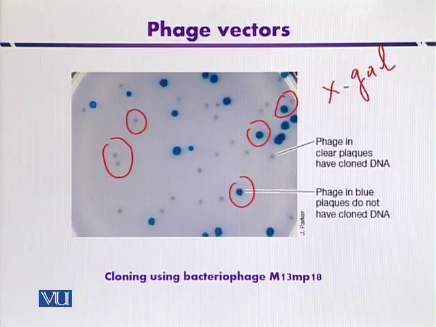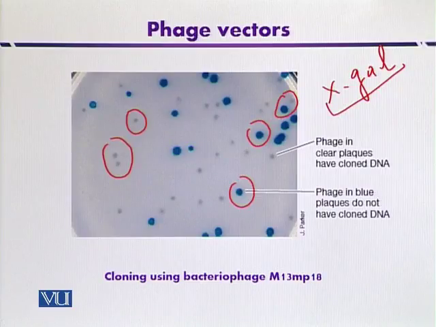Actually, this X-gal that is supplemented in the medium is 5-bromo-4-chloro-3-indolyl beta-D-galactopyranoside, and shortly it is called X-gal. When beta-galactosidase is produced, it will cause the hydrolysis of X-gal, so a color indicator is released that is evident by the formation of blue plaques.